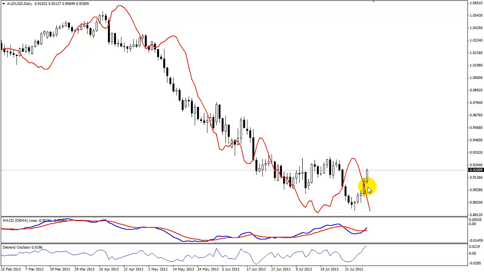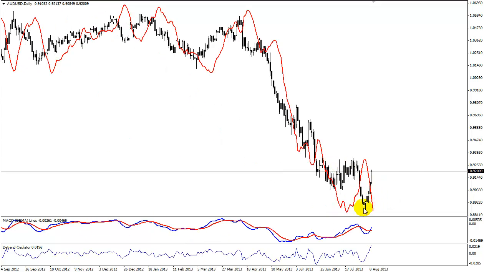The Friday bar was one, so the trend here is shifting to the upside, and we can also see here the divergence on the MACD indicator. We can see here that while price was making lower lows, the MACD was making higher highs.